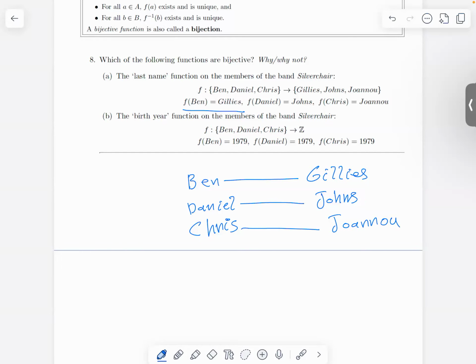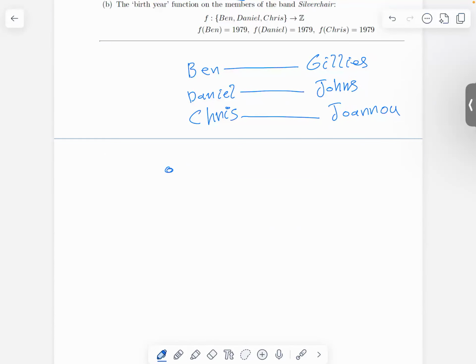So when we have a function, we don't see such a scenario. If we see such a scenario, it's not a function.